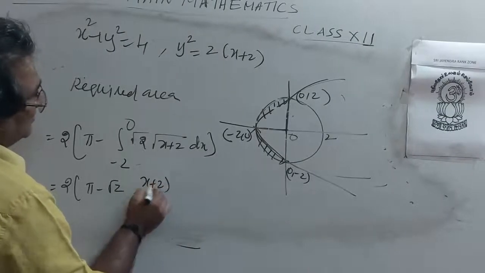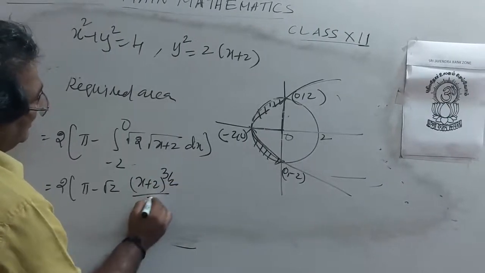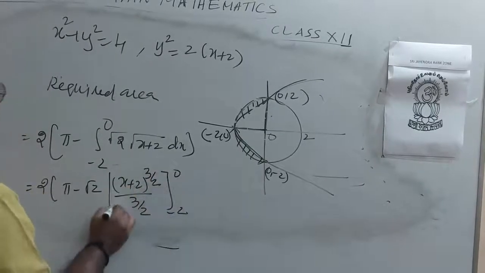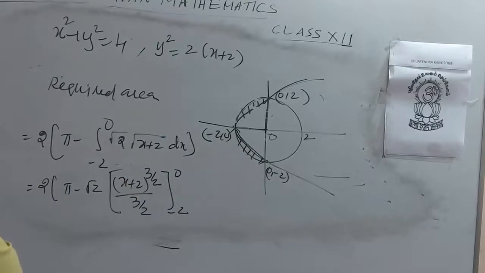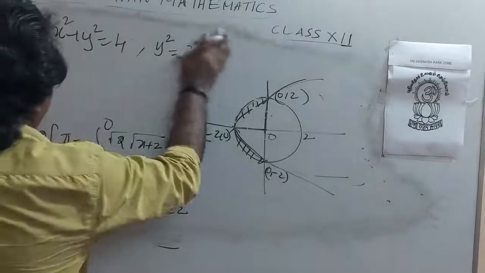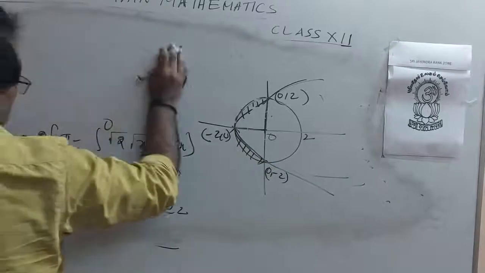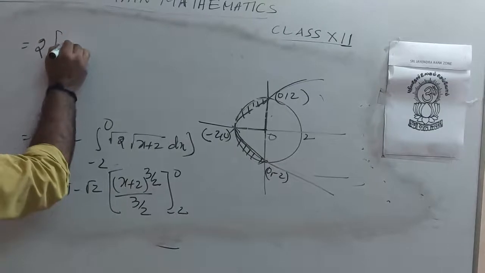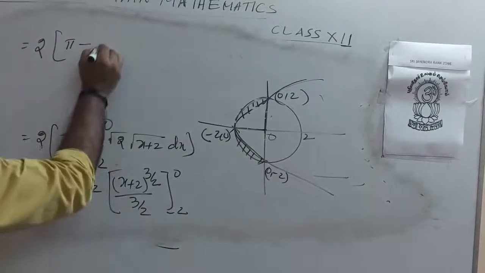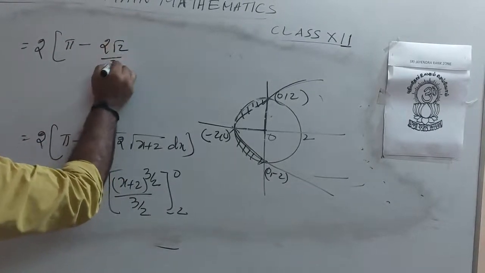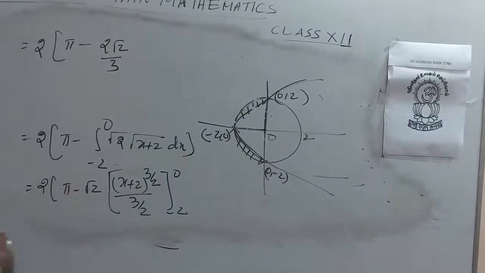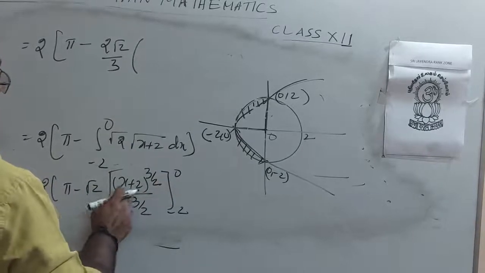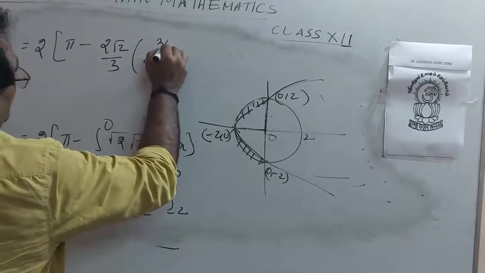If you integrate x plus 2 whole power 3 by 2 by 3 by 2 over minus 2 to 0. Two into pi minus root 2 into 2 by 3, apply 0, 2 power 3 by 2.